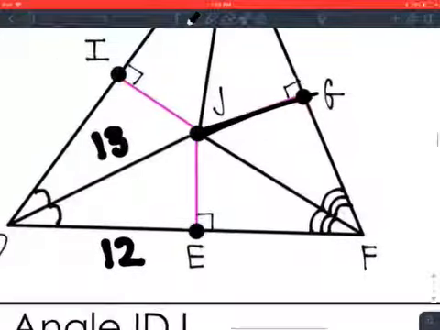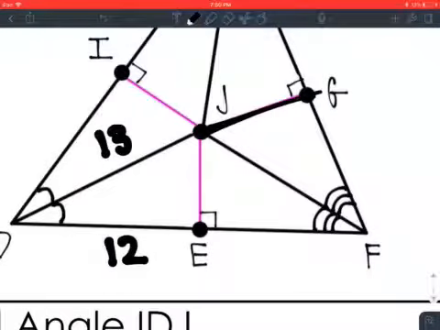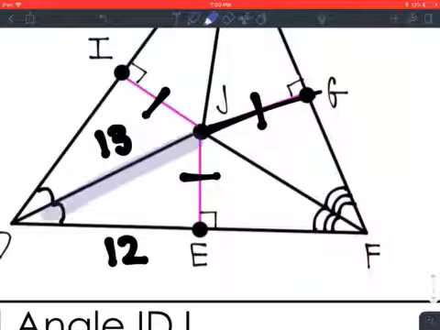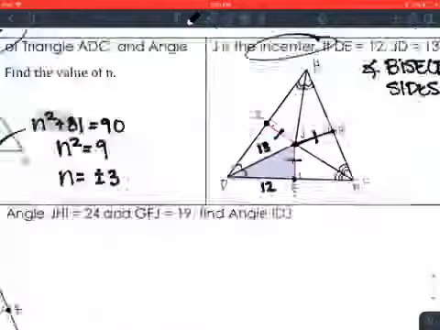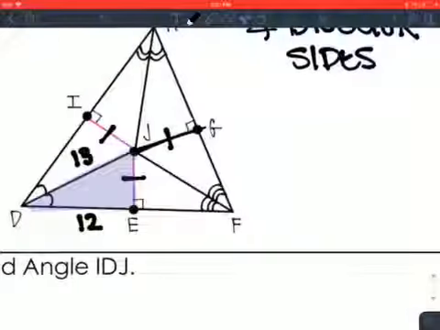And you're probably thinking, well, that's not even touching these sides right here, okay? But what we know is if the incenter is equidistant to the sides, we know that all 3 of these sides right here are congruent, which means that if we focus on this triangle right here, this right triangle, we can use our handy-dandy Pythag to substitute in.